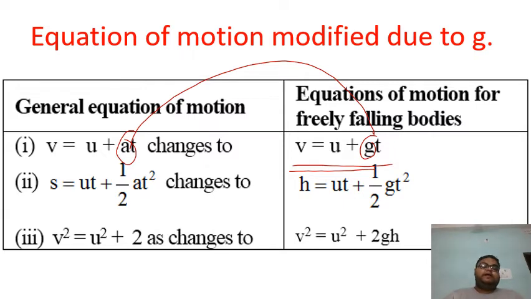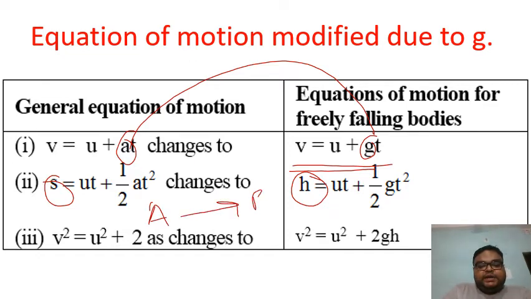Okay, students? So s equals ut plus half at squared, right? When we change it for freely falling bodies, in place of displacement we will be measuring the height. Suppose this equation of motion states that a body starts from point A and goes to point B. This is the displacement of the body.